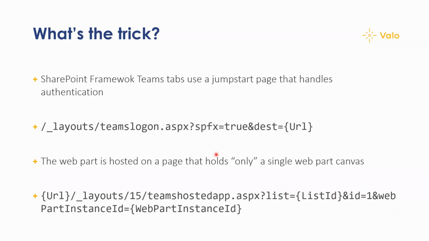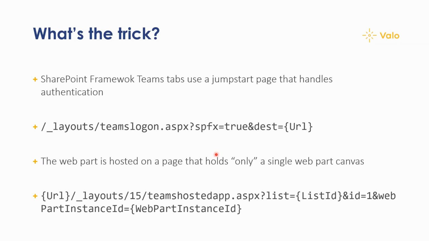What does it mean? It means that not only can you run a web part, but you can also configure the web part and store its data in a hidden list that lives inside the site. So every single tab that you're creating can have a different set of configuration.